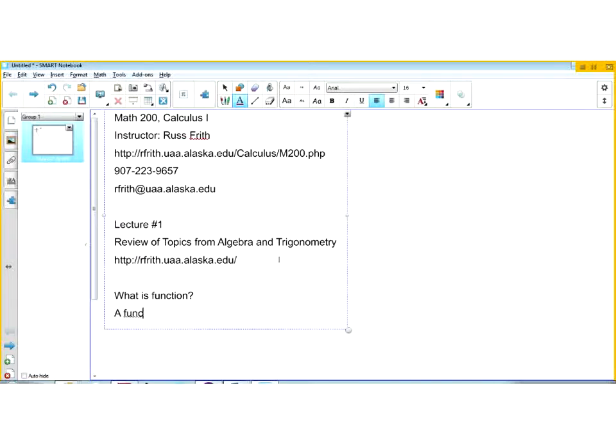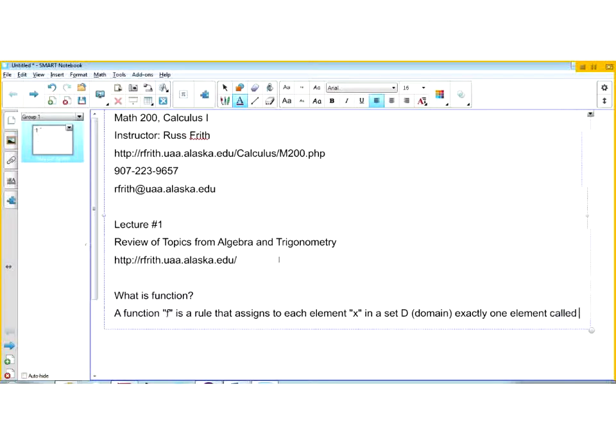A function f is a rule that assigns to each element x in a set D, often called the domain, exactly one element called f of x in a set, say E, which is the range of the function.